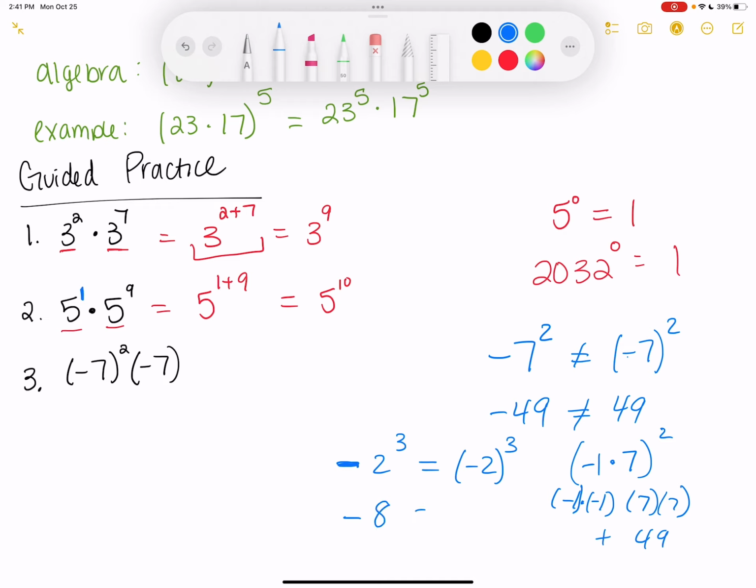So that's negative 8. An odd power, 1, 3, 5, 7, 9, those do not change the negative sign, because a negative times a negative becomes positive, times another negative makes it stay negative. So that's negative, and then 2 times 2 times 2 is still 8. So in this case, these are equal. If it's an odd power, they're going to be equal. But if it's an even power, they're not going to be, if you have these two different scenarios here.